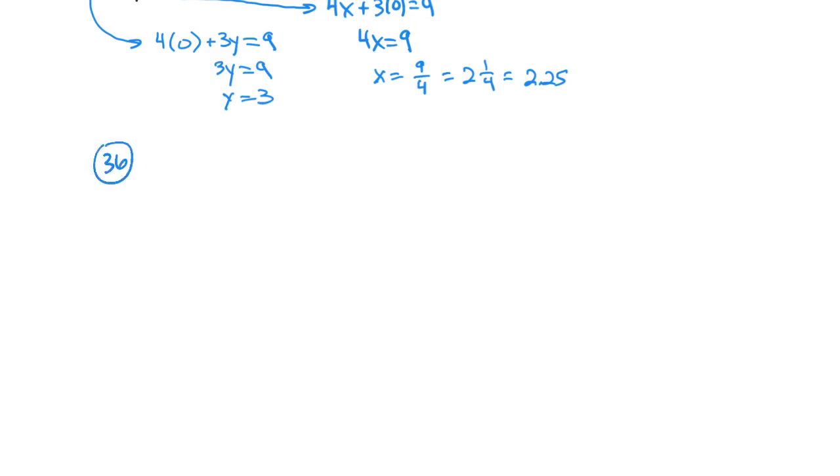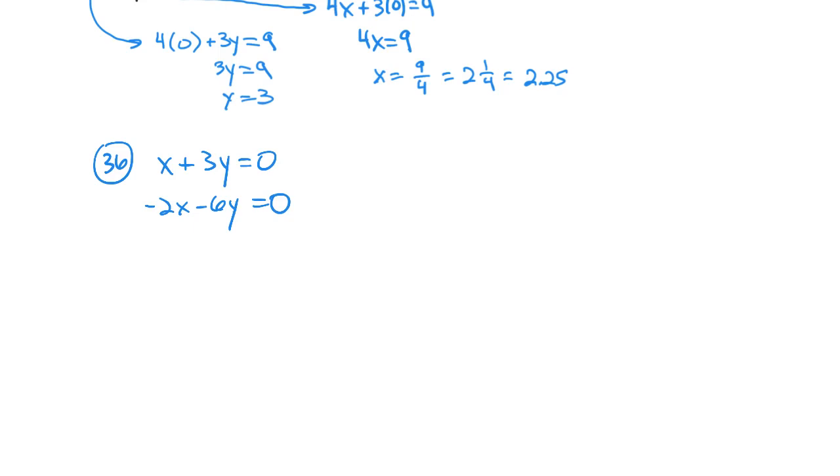Let's try number 36. So 36 says x plus 3y equals 0, and minus 2x minus 6y equals 0. Now this one, we could graph them both, by putting them in slope-intercept form or finding the x-intercept and the y-intercept.